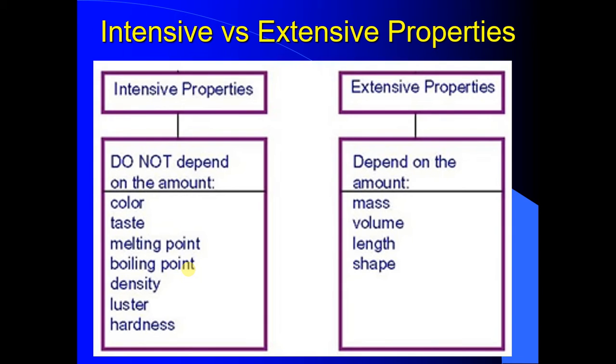Or one and only one melting point for ice, or only one density for gold. So these intensive properties become really useful because we can define objects based on their values.